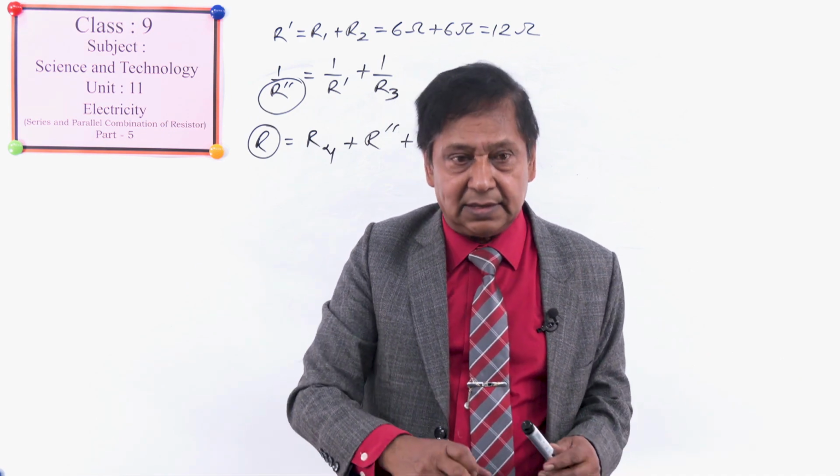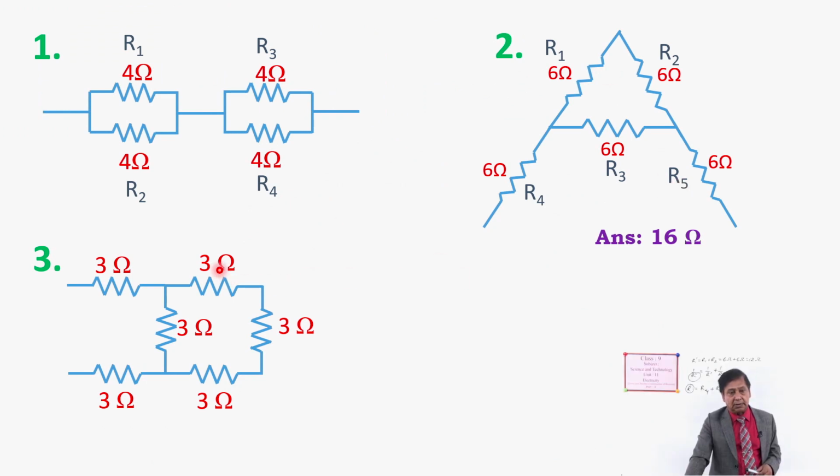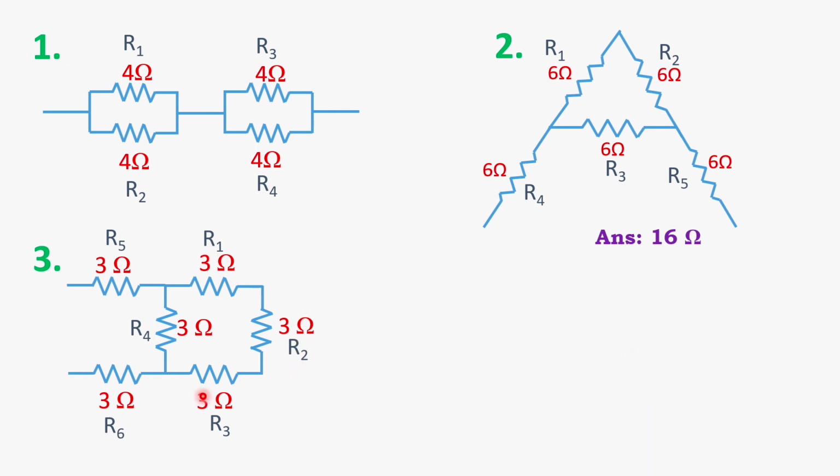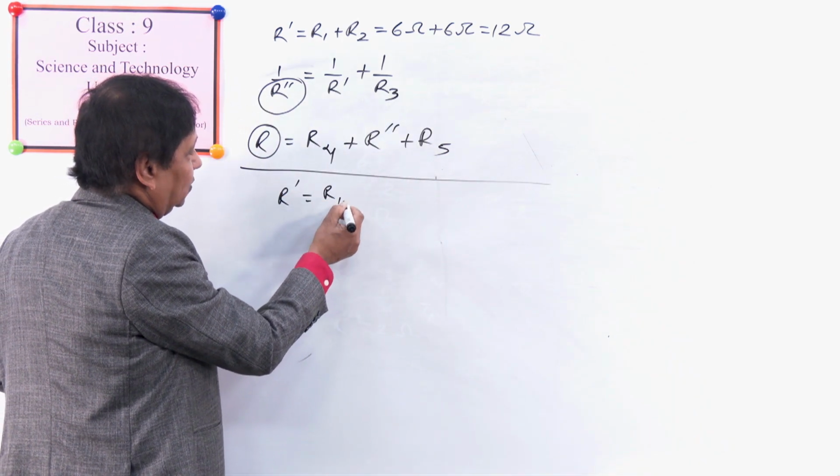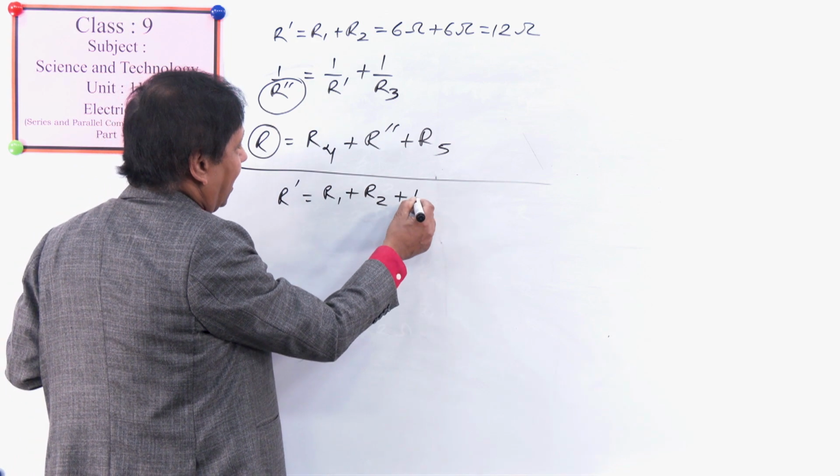Okay, now look at this last one. Here also R1, R2, R3, these three are in series, and that's why we can get R dash is equal to R1 plus R2 plus R3.